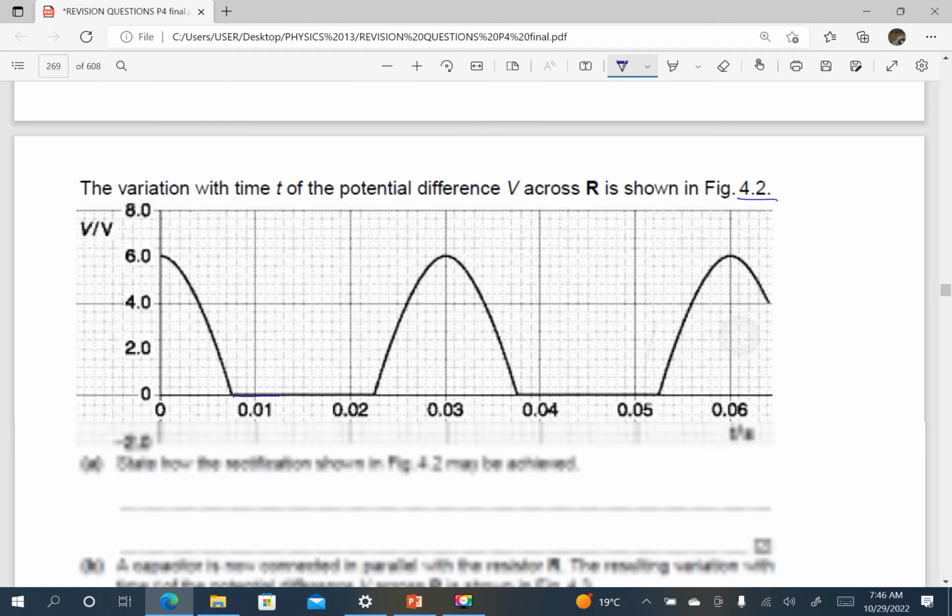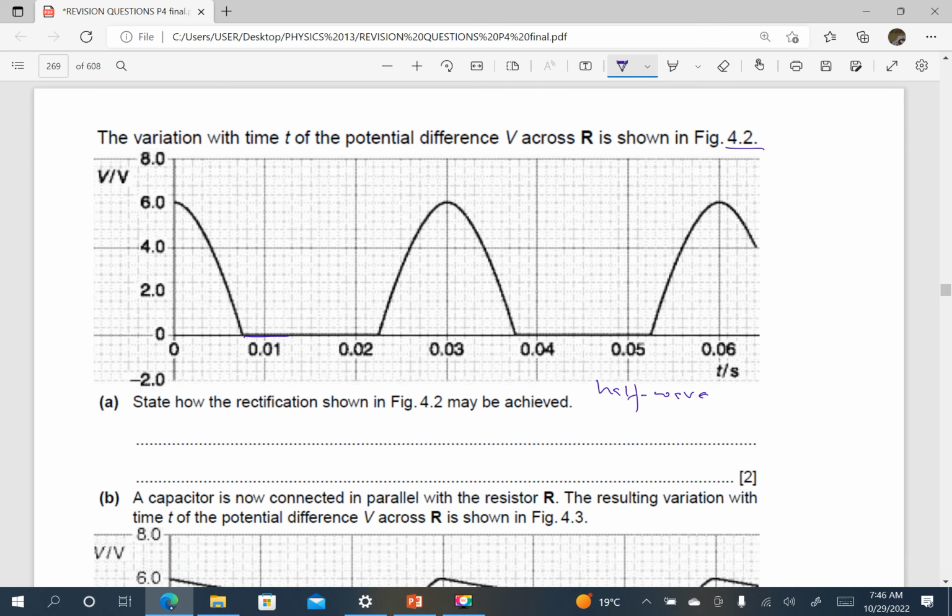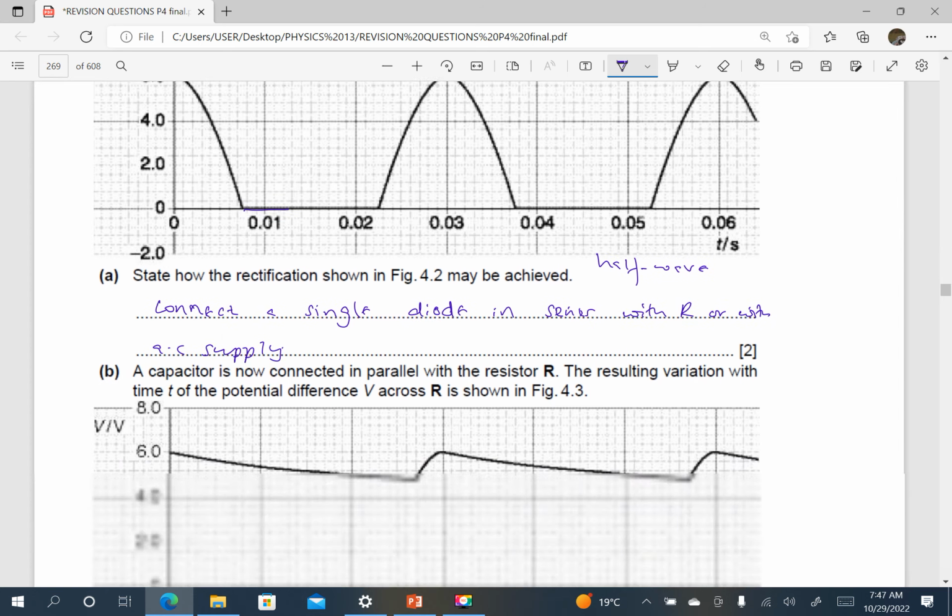So since they just want it in writing, connect a single diode in series with R or in series with the AC supply. You will have half wave rectification.